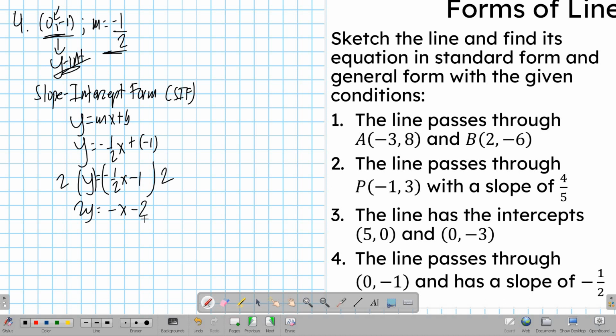Again, ang kailangan natin form ay standard. In doing so, let's transpose this. So, we're going to have x plus 2y equals negative 2. Yan na ang standard form. In general form, just transpose: x plus 2y plus 2 equals 0. So, these are the equations of the line in standard form and general form, respectively. So, ngayon, let's now sketch the graph.